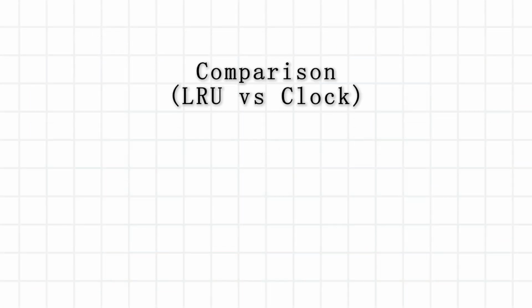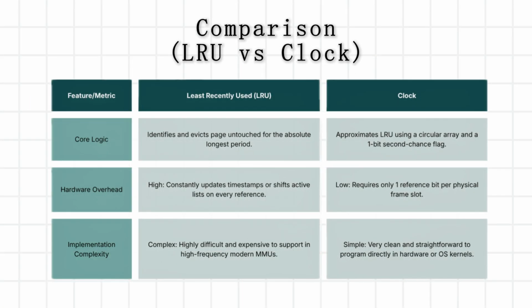To wrap everything up, let's look at a quick side-by-side comparison of these two algorithms across three metrics. First, core logic. While LRU exactly identifies and evicts the single page untouched for the absolute longest period, clock acts as a smart approximation of this behavior using a circular array and a simple 1-bit second chance flag.